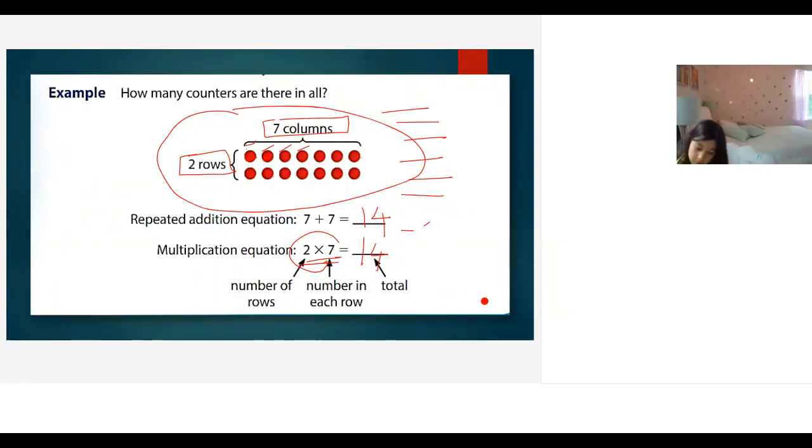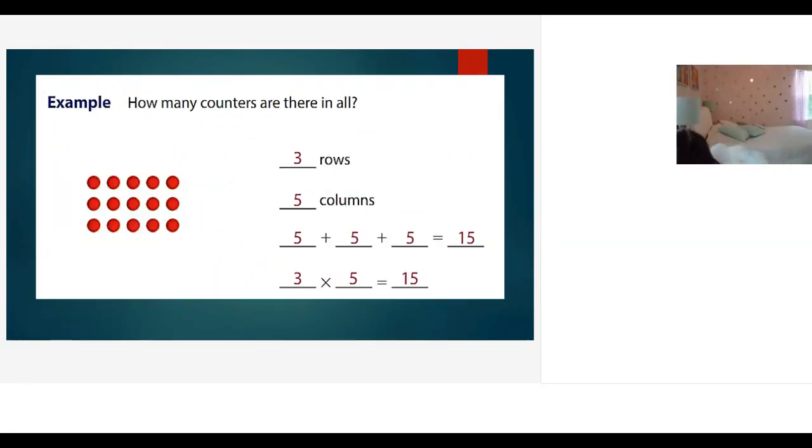Okay then. Now let's move to the next one. You can go through it quickly. Done. How many rows are there? 3. And how many columns are there? 5.